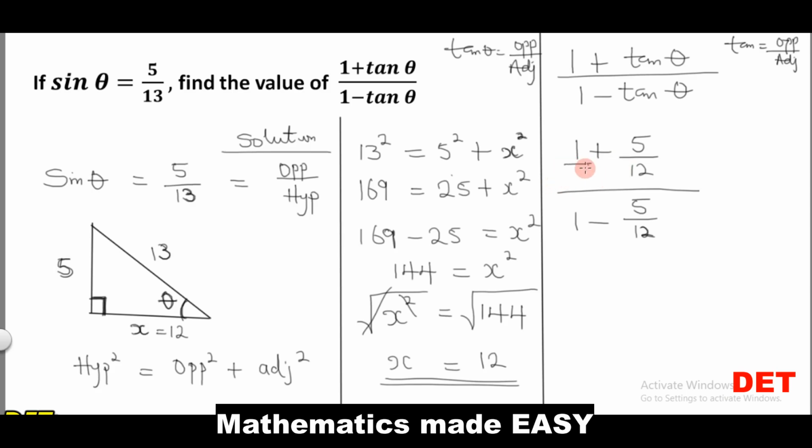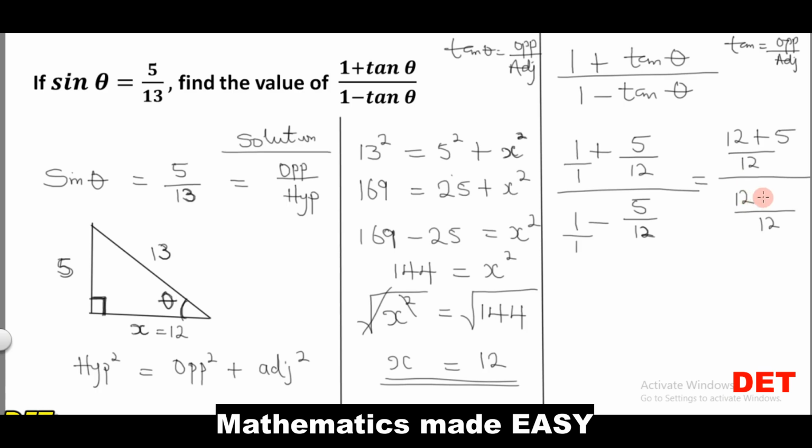So this is like 1 all over 1, and this is also the same thing as 1 all over 1. So I'm going to look for the LCM of 12 and 1. The LCM of 12 and 1 is 12. 12 divided by 1 is 12, times 1 is 12, so that will be 12 plus 12 divided by 12 is 1, times 5 is 5, over the LCM of 12 and 1, which is 12. 12 divided by 1 is 12, times 1 is 12.